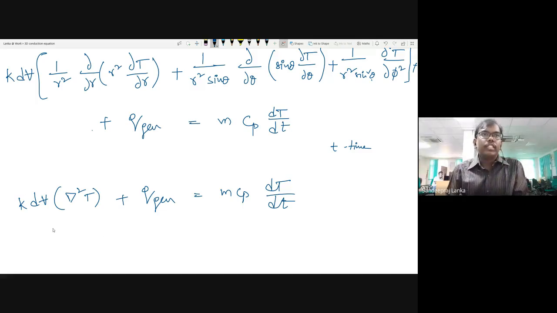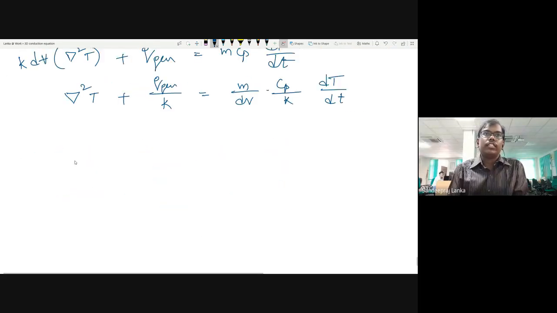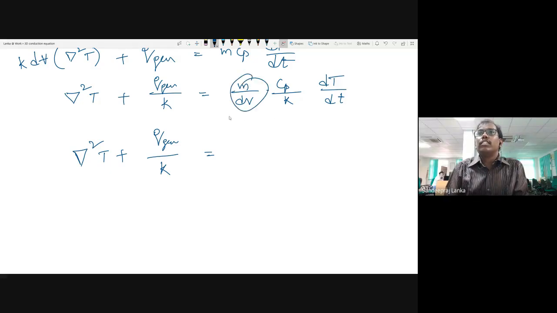When I divide by k into dv, the whole thing, then del square t plus q gen by k is equal to m by dv, which gives you density, and cp by k into dt by dt. So what you have here is del square t plus q gen by k is equal to rho cp by k, which is nothing but 1 by alpha into dt by dt.